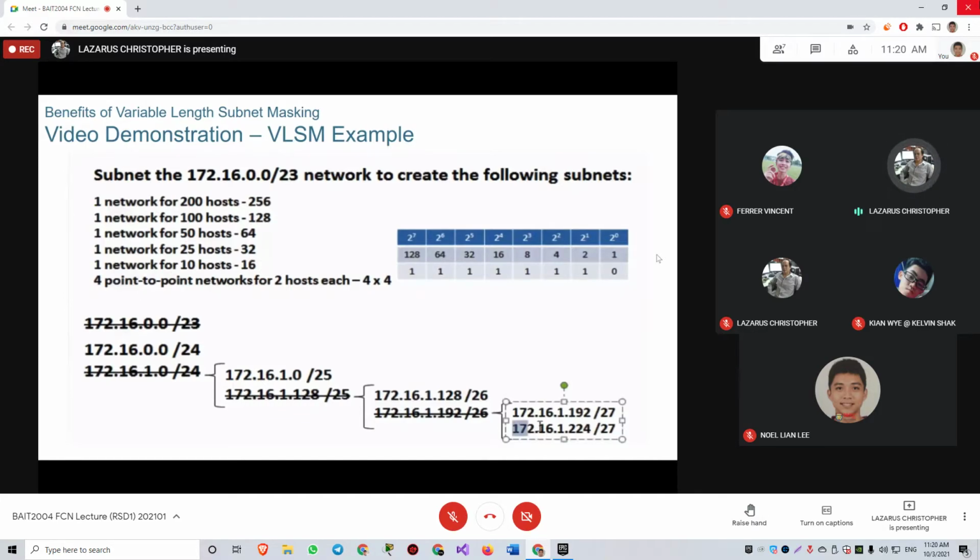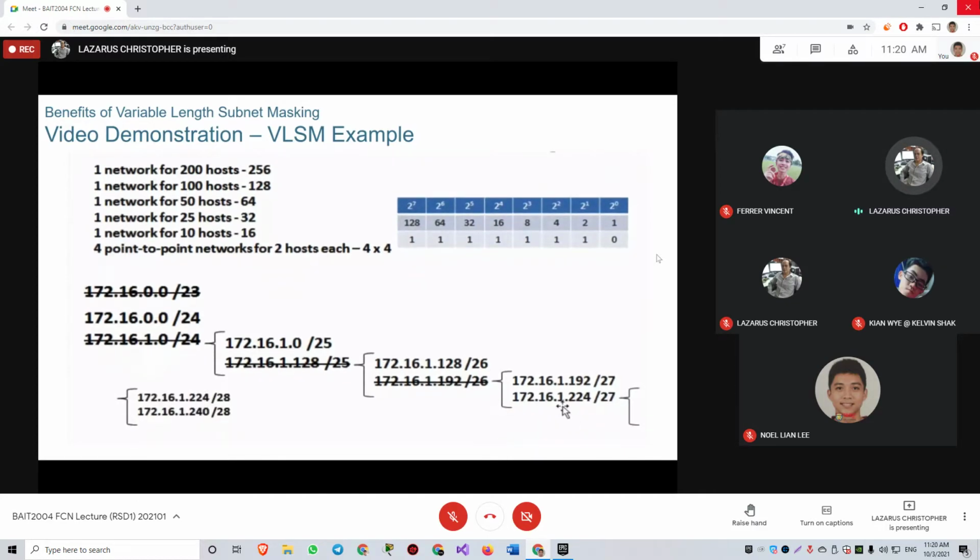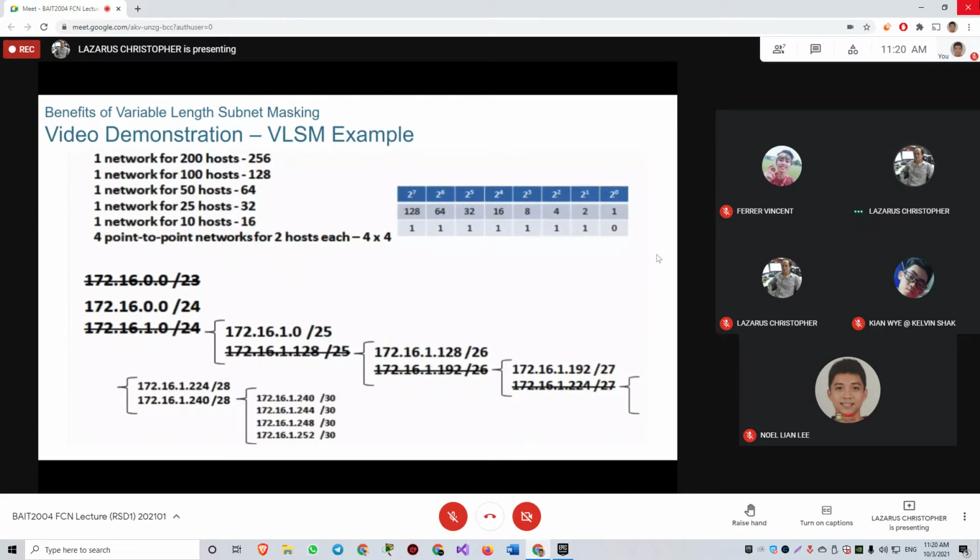I can take the second of these two subnets for 32 hosts and subdivide them into two 16-host subnets. To do this, we take the 224/27 subnet, change the subnet mask from /27 to /28, and now I have two smaller subnets. From here, I take the second of these two 16-host subnets.